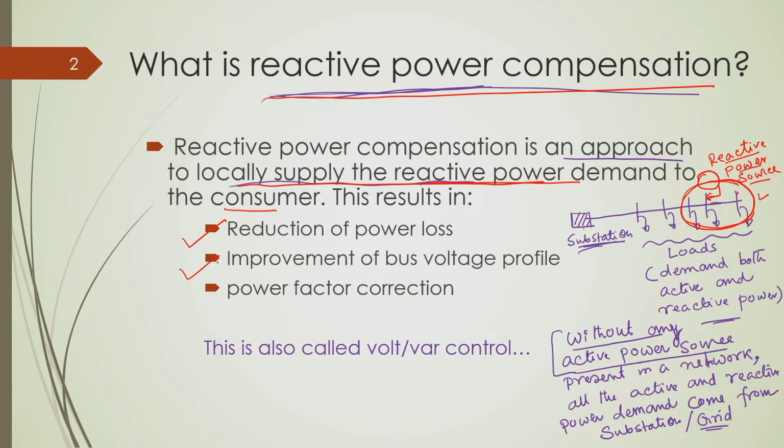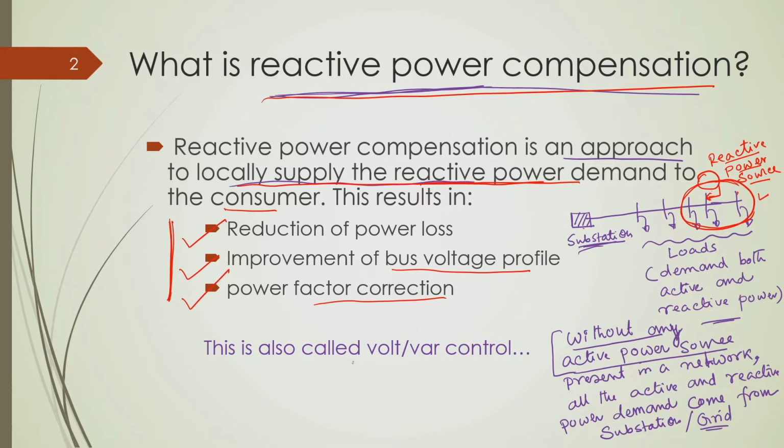It will improve the bus voltage profile or node voltage profile, and it will also act as power factor correction. Okay. I will discuss all these three points elaborately in my further lectures, but this is the basic of reactive power compensation one needs to understand.